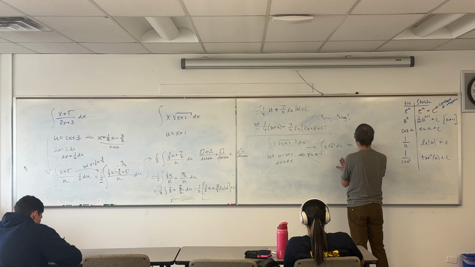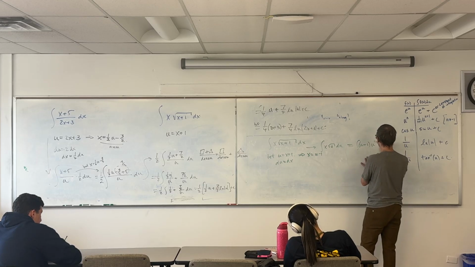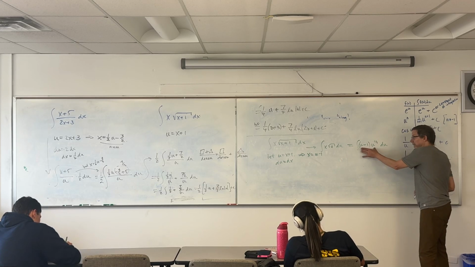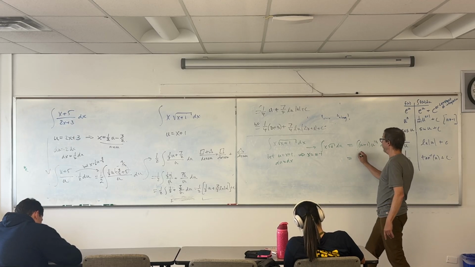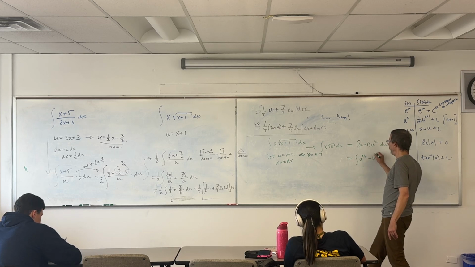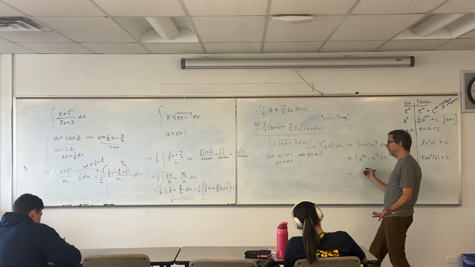But the key thing is, now I've got everything in terms of u. I'm gonna write the root as u to the 1/2. Distribute, so it's u to the first times u to the 1/2, that's u to the 3/2, minus u to the 1/2, du.